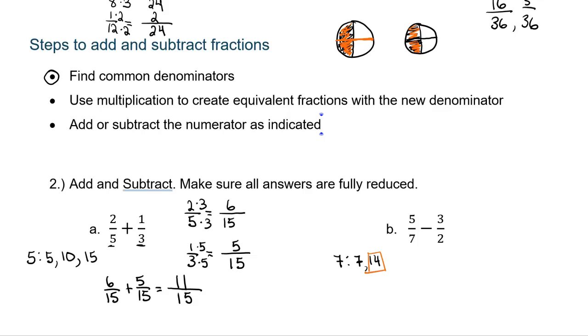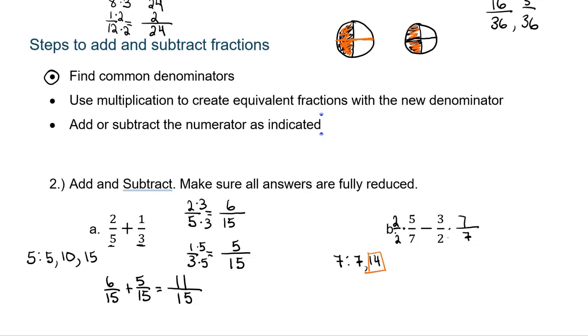All right, so instead of pulling the 5/7 out and the 3/2 out, I'm just going to show my work right here, where I multiply. 7 times what gives me 14? Well, 7 times 2. If I do something to the bottom, I have to do it to the top. And then for 3/2, I have to multiply 2 by 7 to get 14. So whatever I do, times 7.